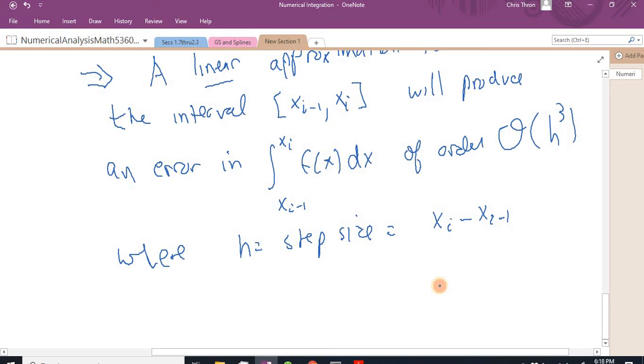So for each interval that I integrate over, I'm going to have an error of order h cubed.